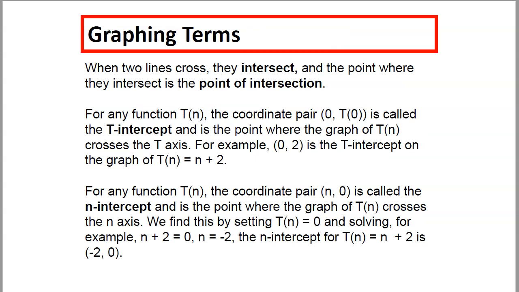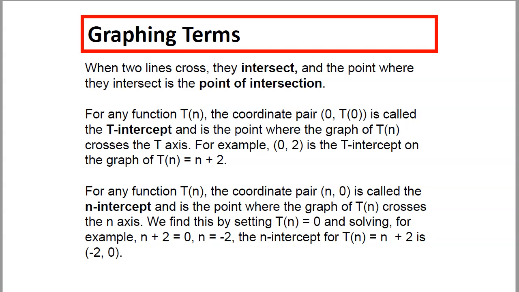Let's look at some graphing terms. When 2 lines cross, they intersect, and the point where they intersect is the point of intersection. For any function t of n, the coordinate pair 0, t of 0 is called the t-intercept, and it's the point where the graph crosses the t-axis. For example, 0, 2 is the t-intercept for t of n equal to n plus 2.